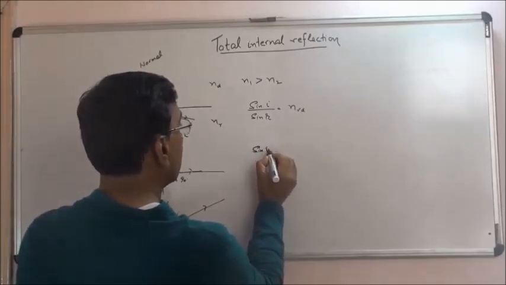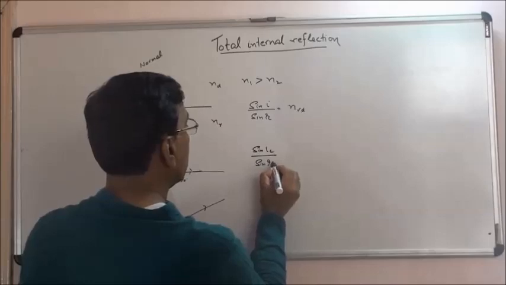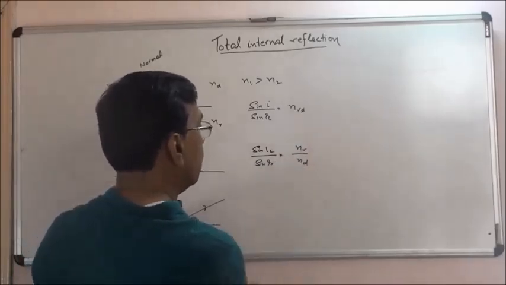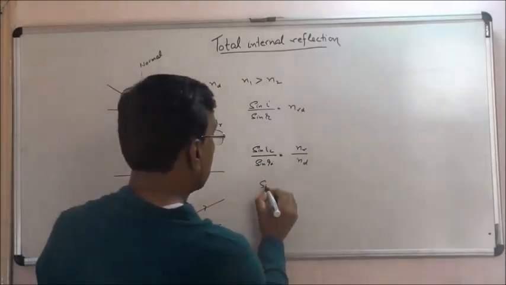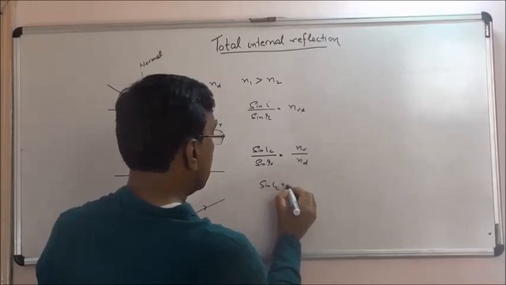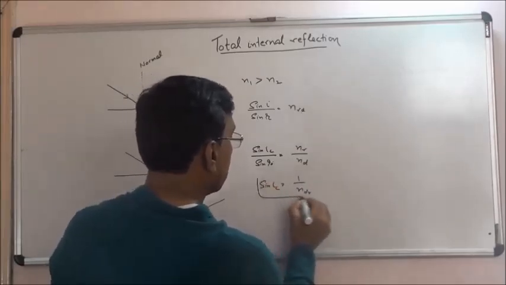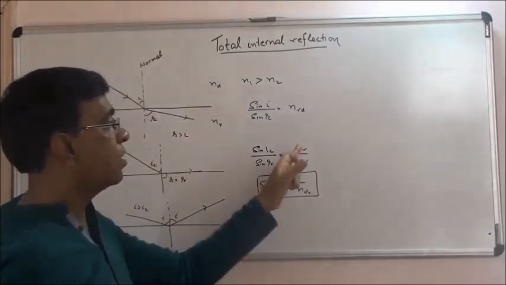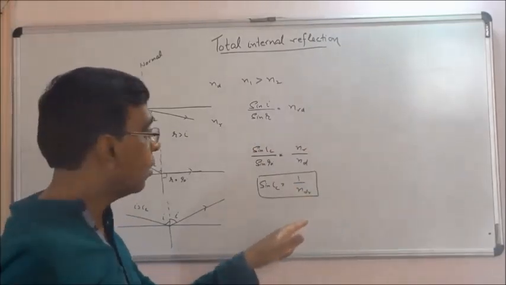Sin IC upon sin 90 is NR by ND. So sin IC is equal to 1 upon ND with respect to R. Okay. It is NRD or 1 upon NDR. Okay.